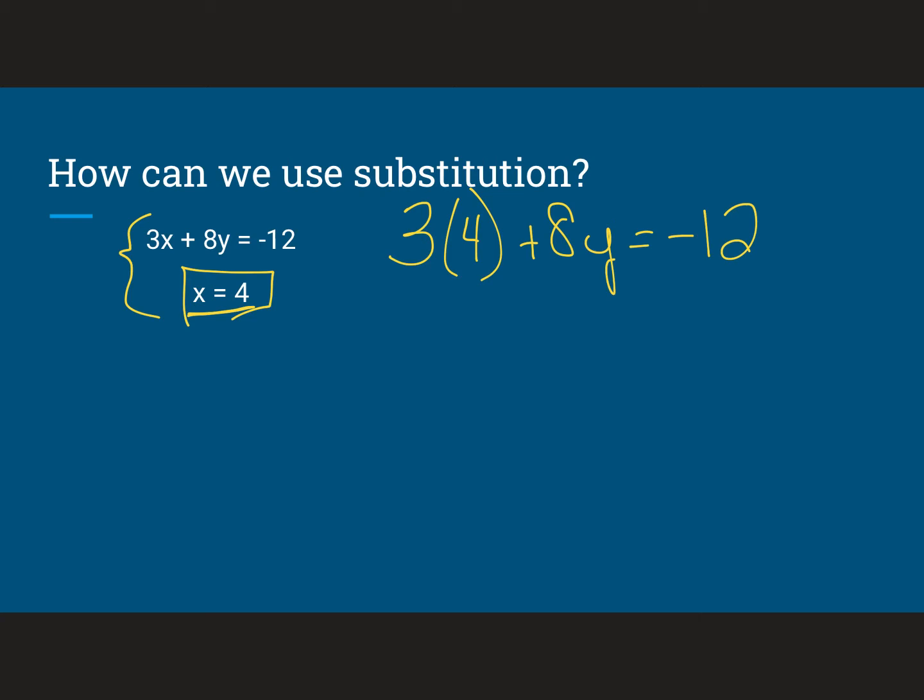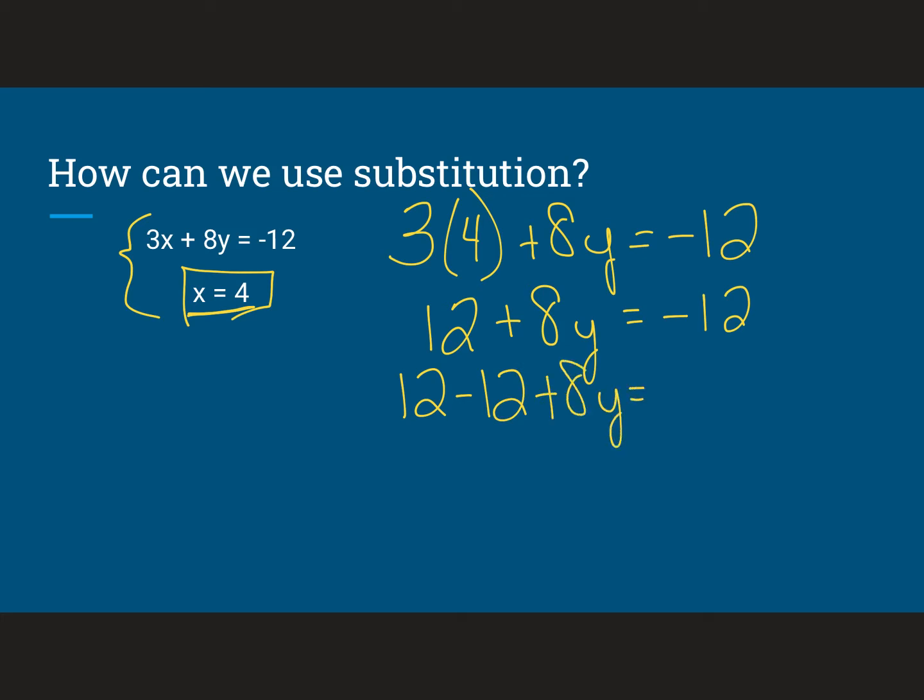This is easy enough. 3 times 4 is 12. So I have 12 plus 8y equals negative 12. Then I can simply subtract 12 from both sides. So I have 12 minus 12 plus 8y equals negative 12 minus 12, and this is just my SPE.